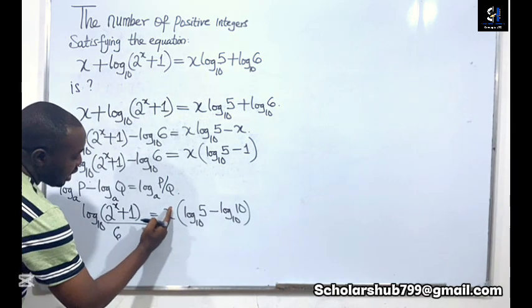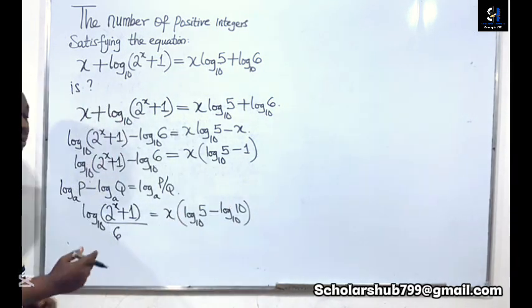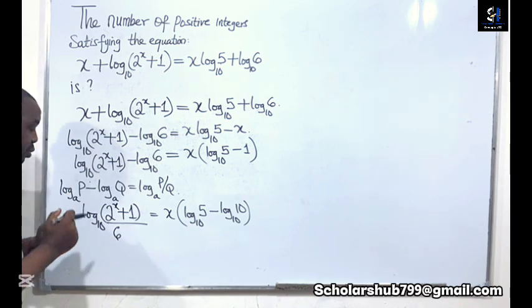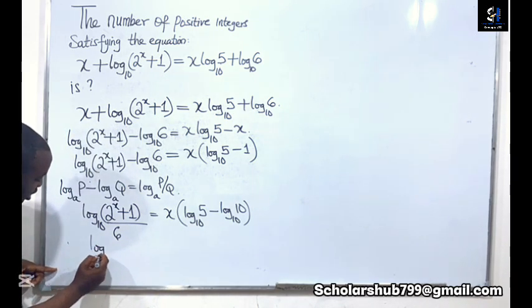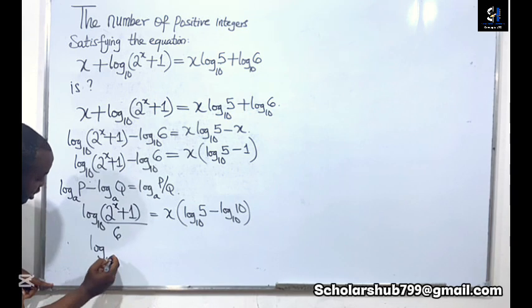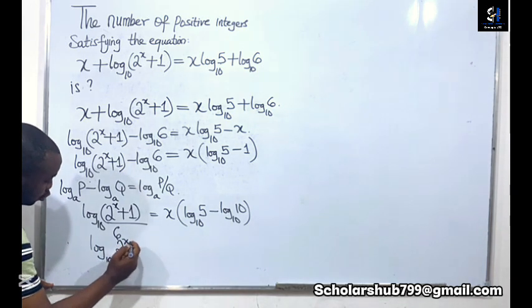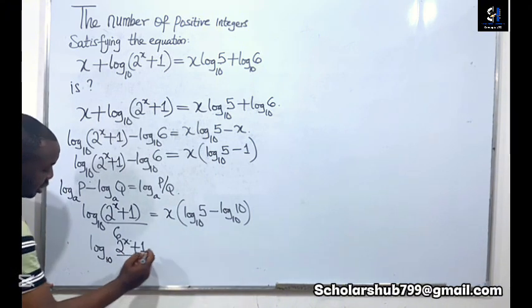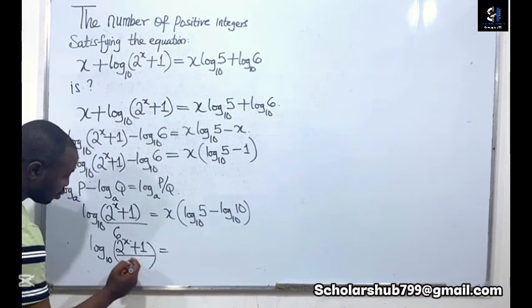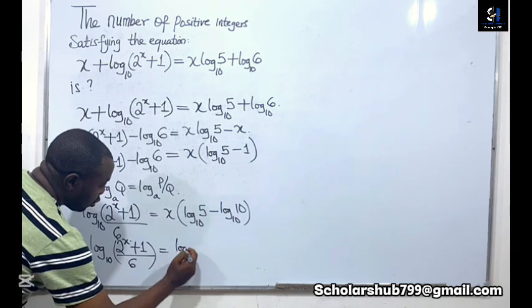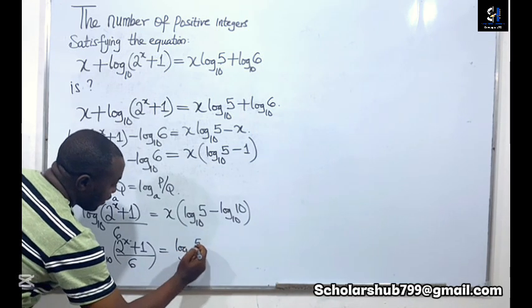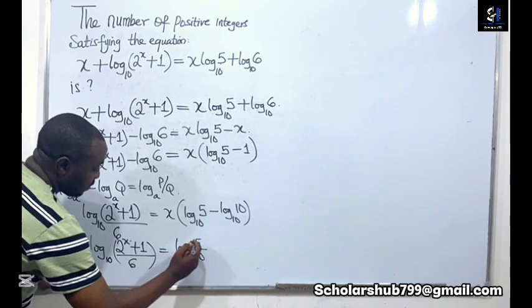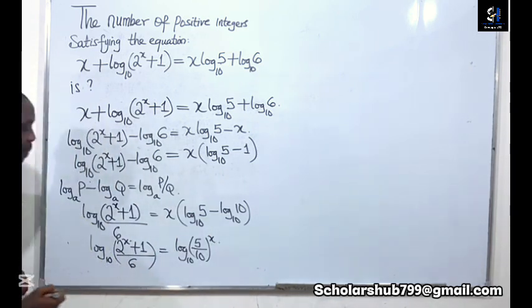Then this x, I'm going to make it become the power of the argument. So now on the left hand side, we have log to base 10 of (2 raised to the power of x plus 1) over 6, which equals log to base 10 of (5 over 10) raised to the power of x.